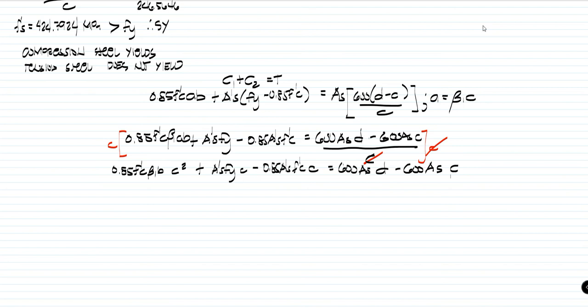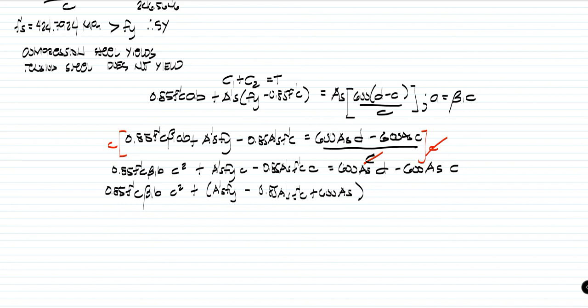So to combine the similar terms, so that is just 0.85 F prime C beta 1B C squared. So combine natin lahat ng may variables na C. So that is A prime S Fy minus 0.85 A prime S F prime C. Tapos ito magiging positive kasi itatranspose natin siya. So that will be plus 600 AS.